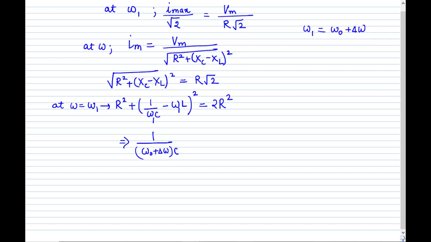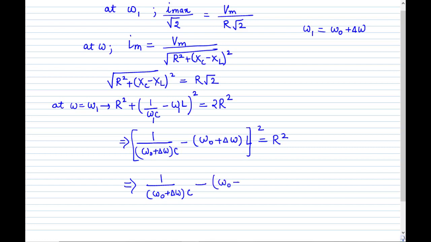That is the resonance frequency added to some frequency, minus omega naught plus delta omega into L is equal to R square. So we can take out the square. So this implies 1 upon omega naught plus delta omega into C minus omega naught plus delta omega into L is equal to R.